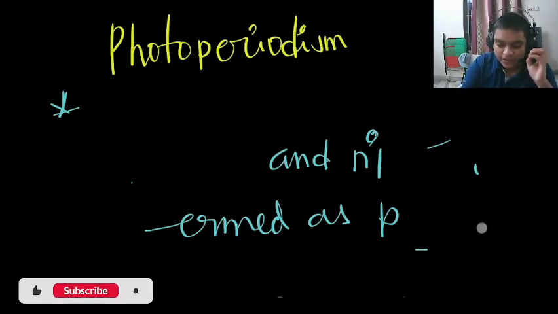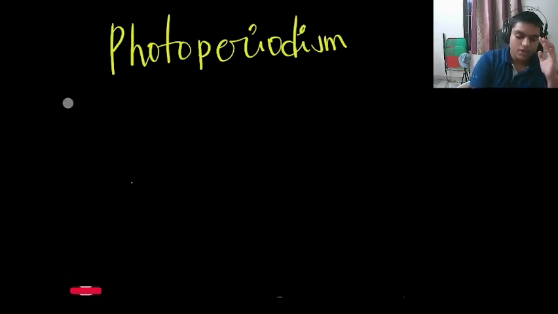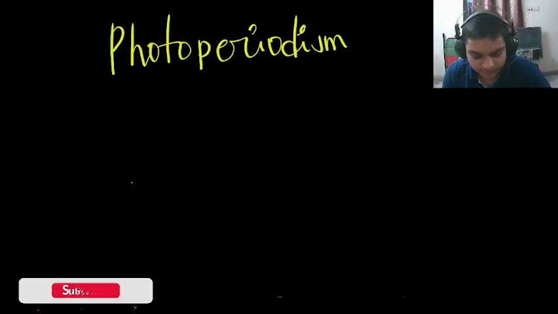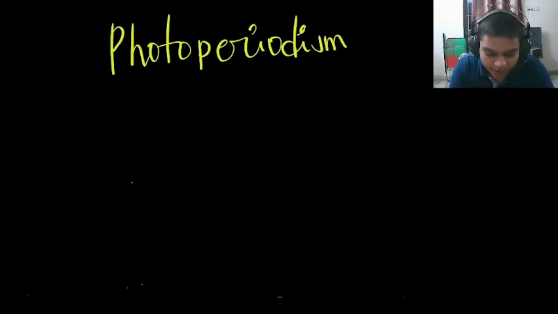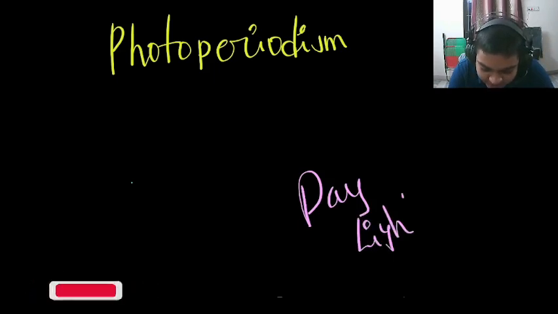Now let me explain in general what is photoperiodism. Let's keep the signs all aside. We have two types of periods. One is the day period, or you can also say light period, when the sunlight is present.